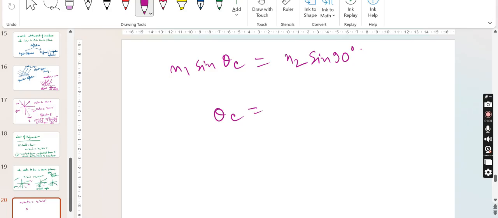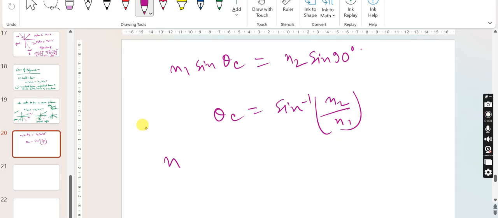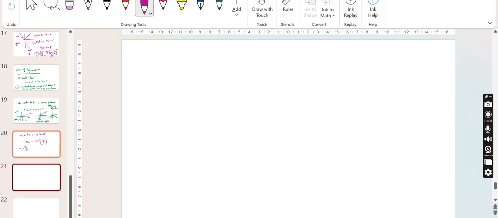So theta C is basically sine inverse of n2 by n1. And we know n is basically c by v, that is the ratio of two velocities.